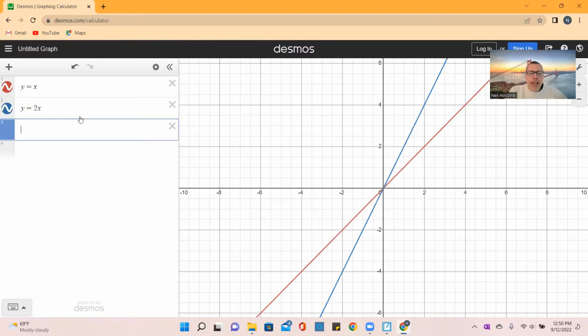And if I said y equals x and then change the y-intercept to +3, then the green line is just shifted up 3 units, and the y-intercept is now 3 instead of 0. So it's parallel to the red parent function, but it's a shift up.